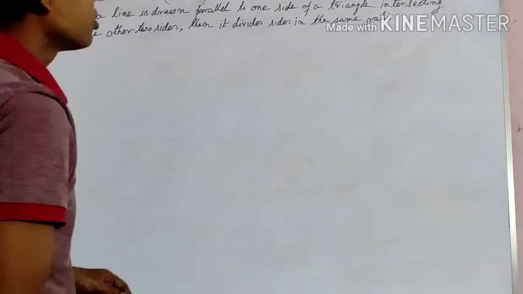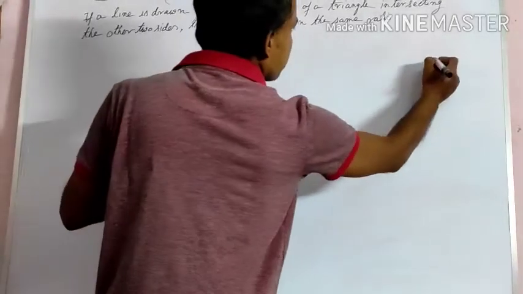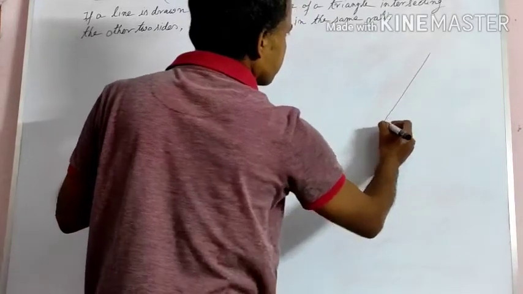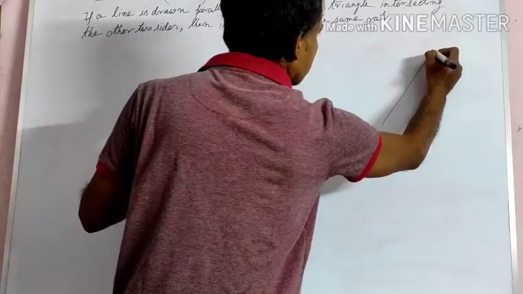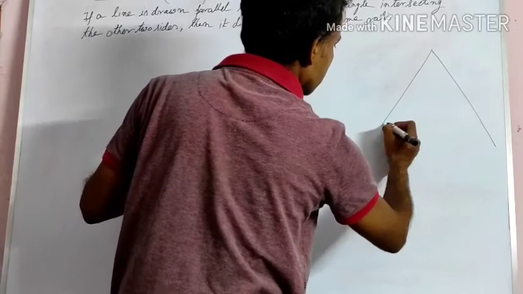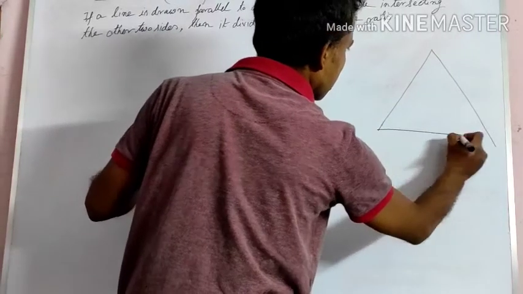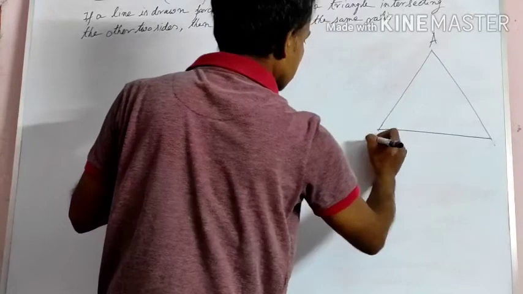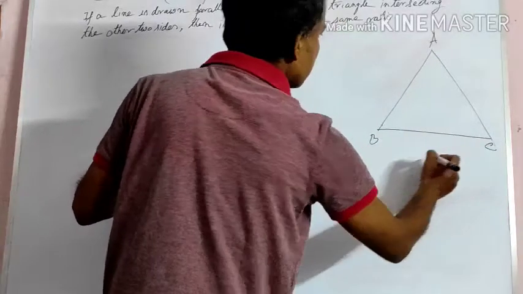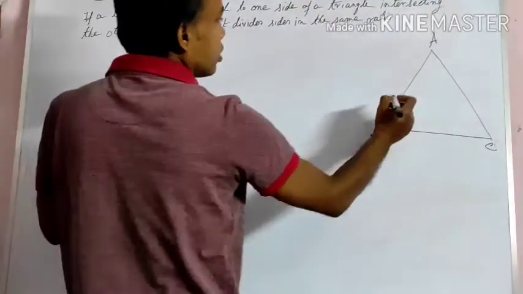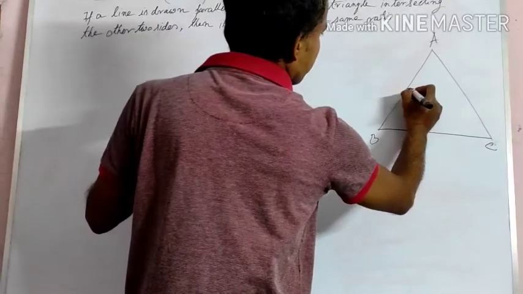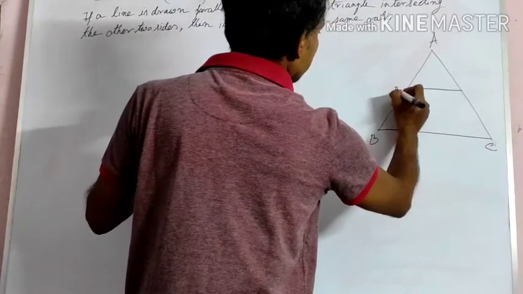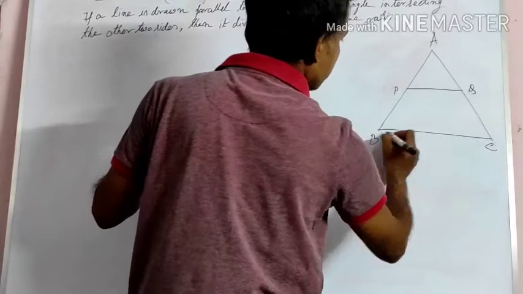So first we draw a triangle. Suppose this is your triangle ABC. Take a straight line PQ which is parallel to BC.